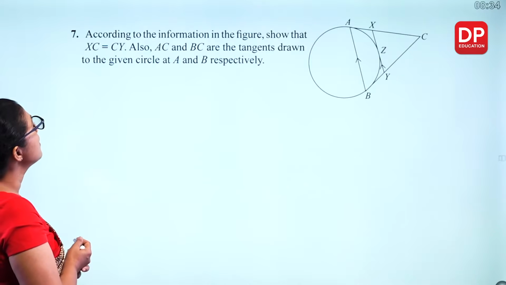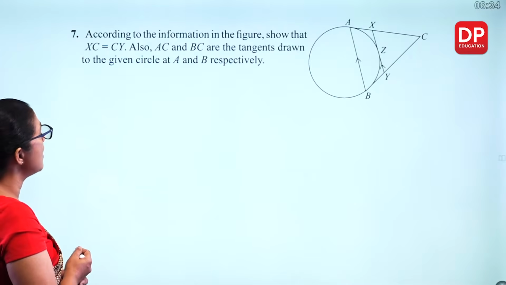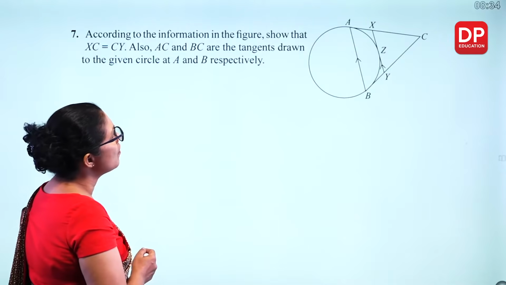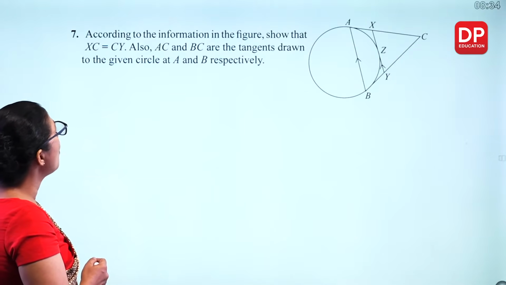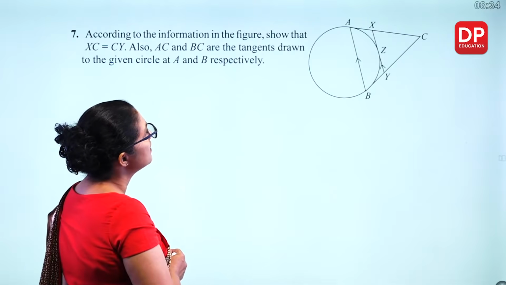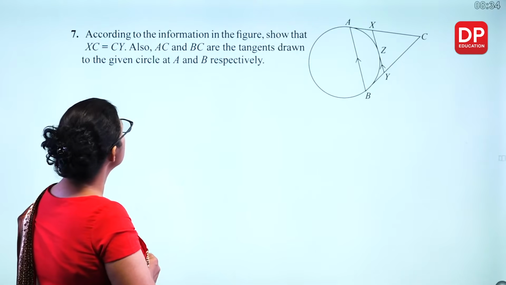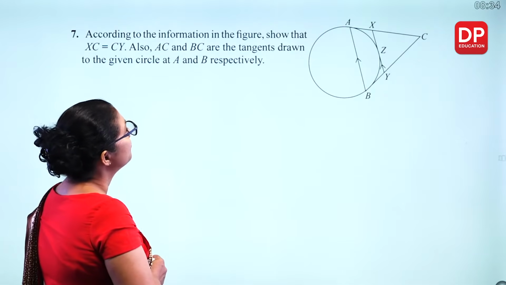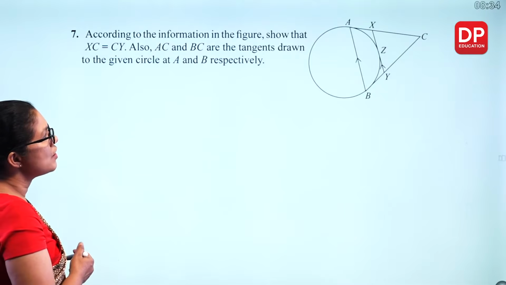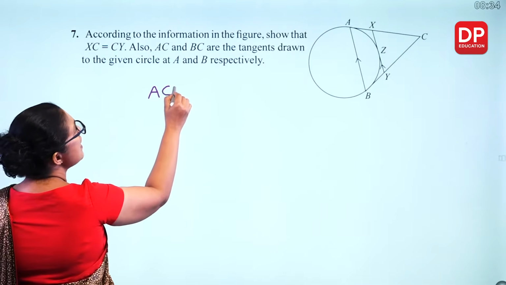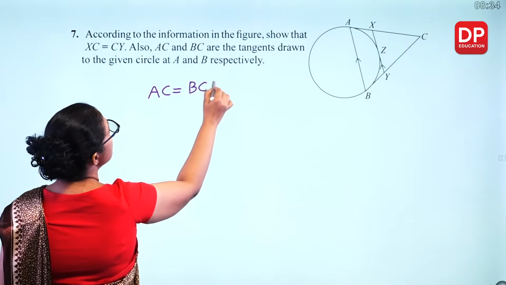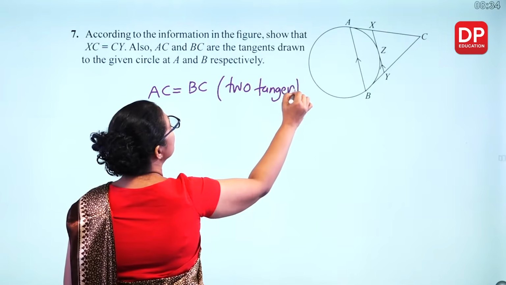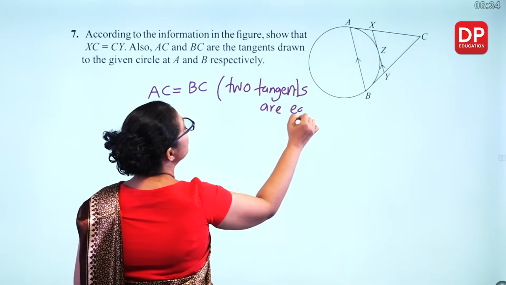Question number 7. According to the information in the figure, show that XC is equal to CY. Also, AC and BC are the tangents drawn to the given circle at A and B respectively. So, if those are two tangents, we know that AC is equal to BC. Two tangents are equal.